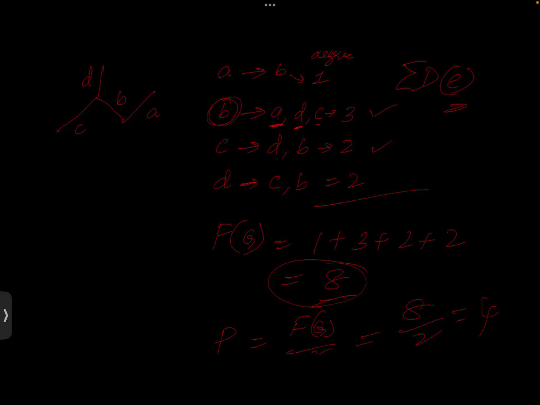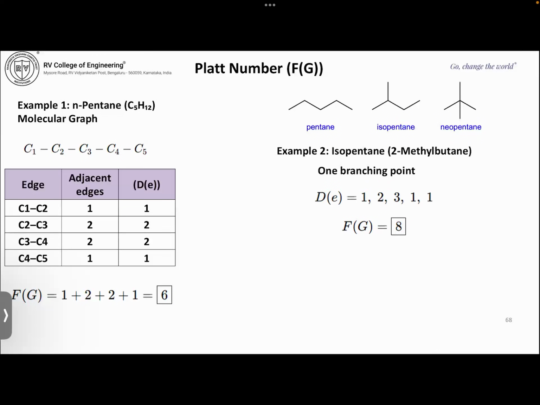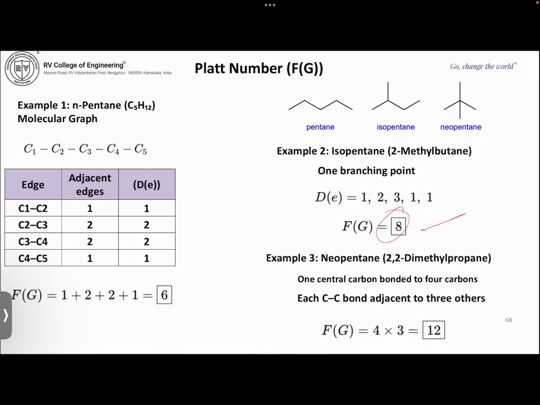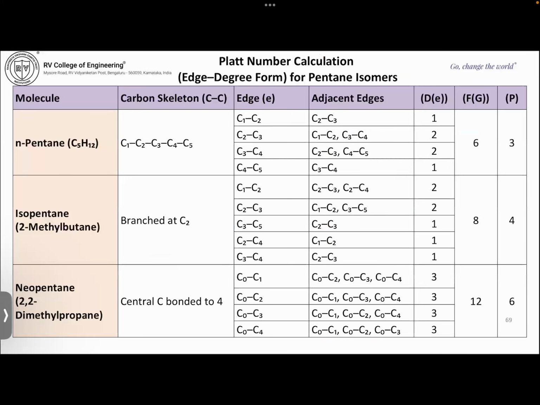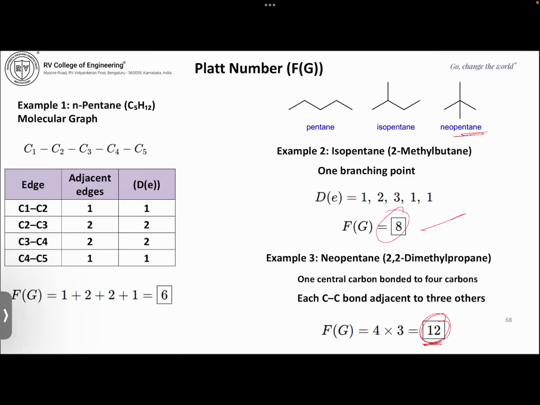So see, this is 8. Let me calculate the plot number for neopentane. Let us understand how we get this 12 for this.